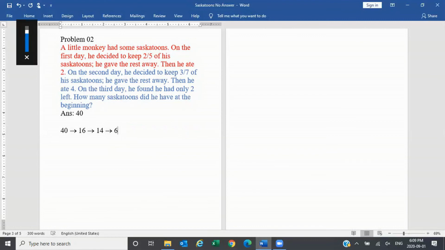We have 6. Oh, what happened here? Oh, there we go. Okay, then it says he ate 4. So we're going to take away 4, and we're left with 2. And it says here that he found that he only had 2. Well, we have 2 left. So that's how we know that our answer 40 is right.